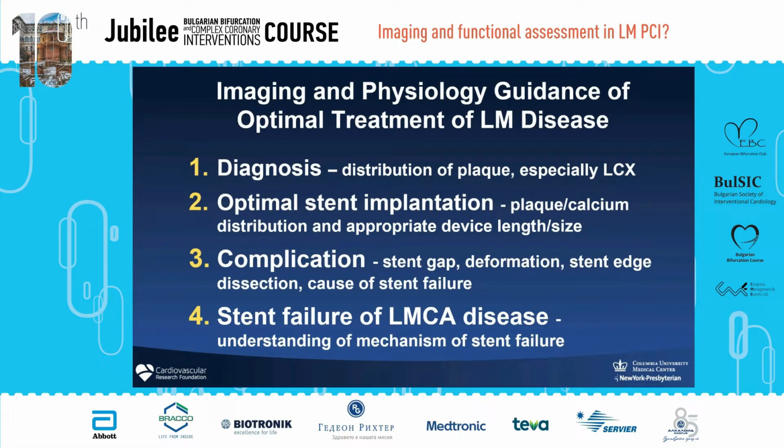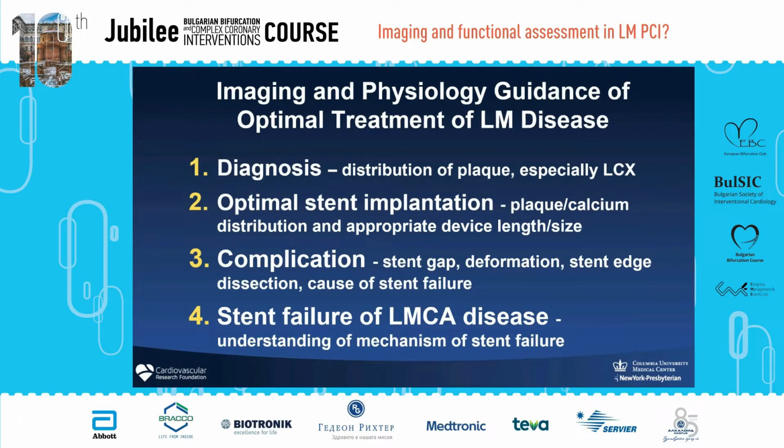So to summarize, imaging and physiology guide the optimal treatment of left main disease. Diagnosis is important, whether we should treat or not, and the distribution of the plaque using the iFR pullback as well as intravascular imaging.